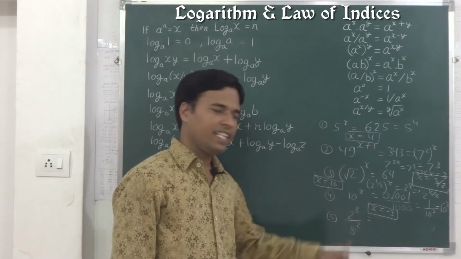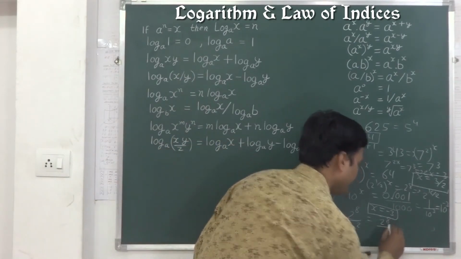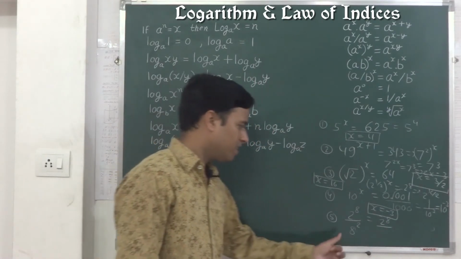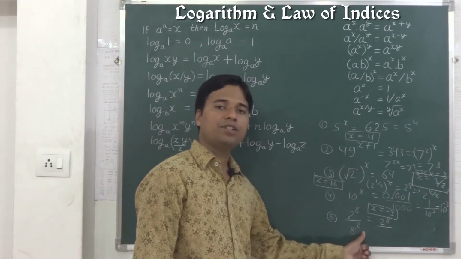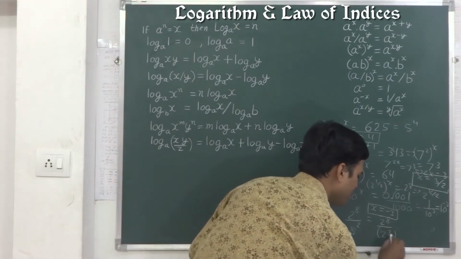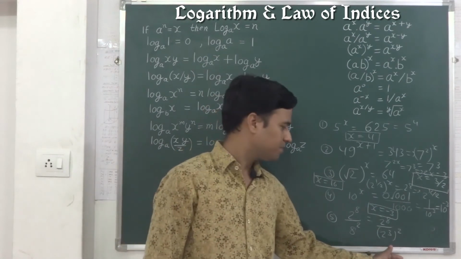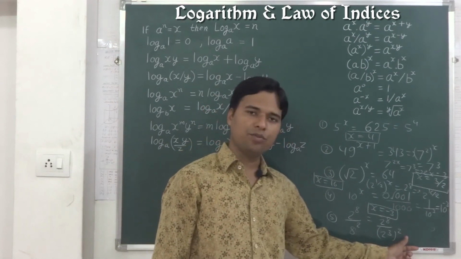So we write 2 power 8 divided by 8 power 2. Now 8 can be written as 2 cube, so 2 cube power 2.